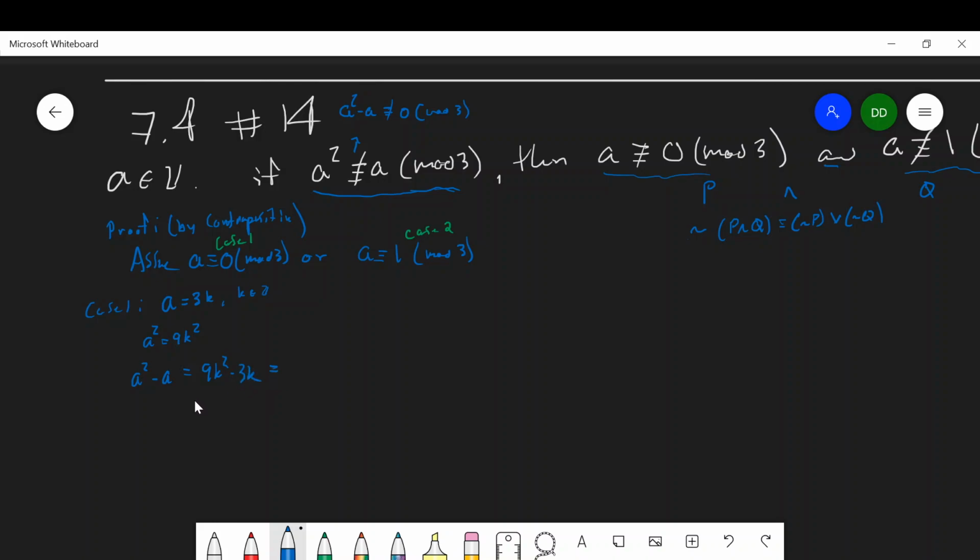I can factor 3 out: 3 times (3k squared minus k). So A squared minus A is equivalent to 0 mod 3, right? Because 3 divides it, and hence A squared is equivalent to A mod 3. Did it. That's this case. All done.